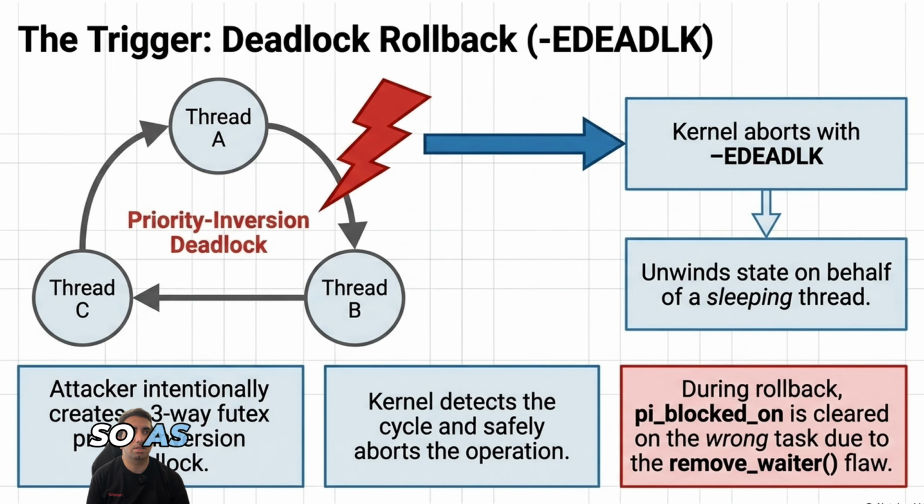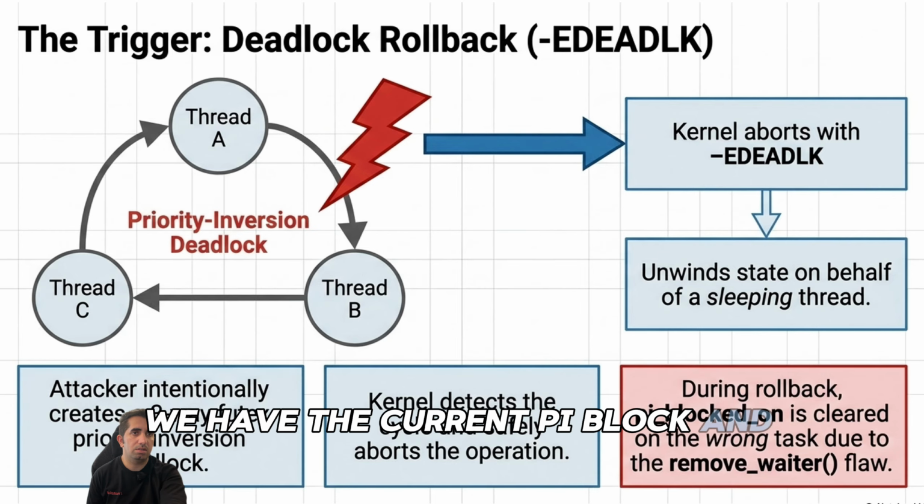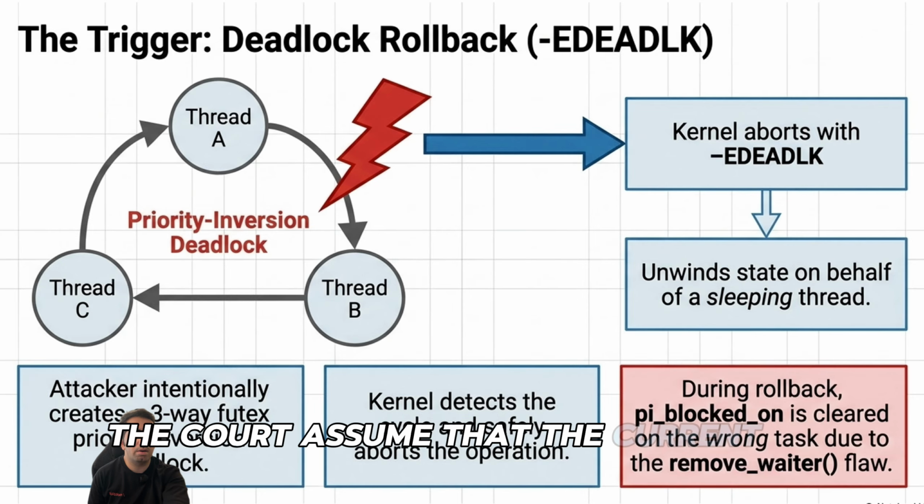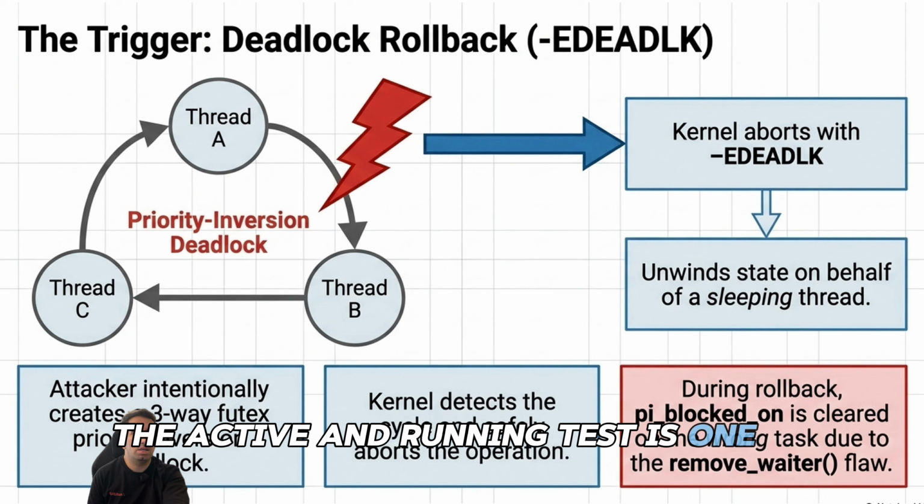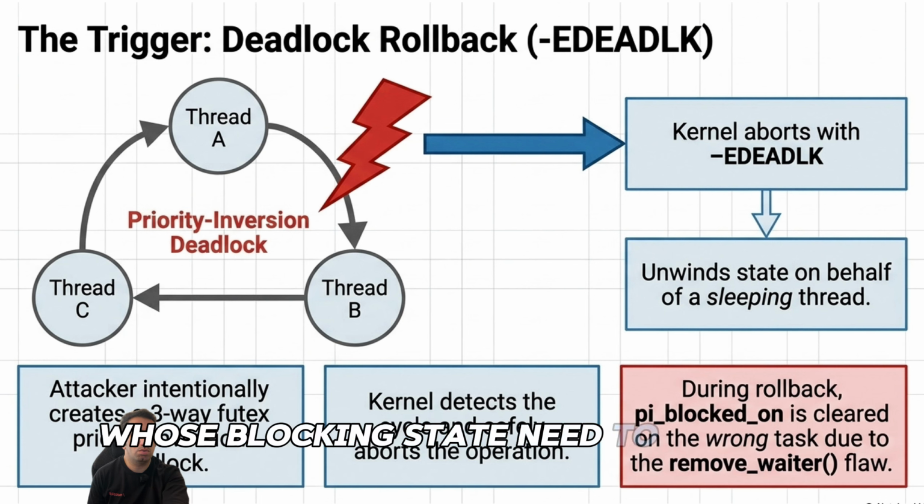As you can see in the legacy code, we have current->pi_blocked_on equal to NULL. So the code assumes that the current, active and running task is the one whose blocking state needs to be cleared.